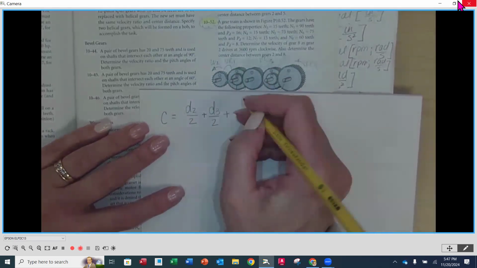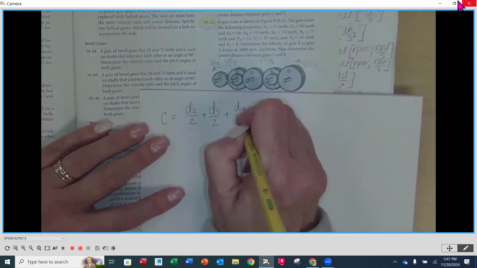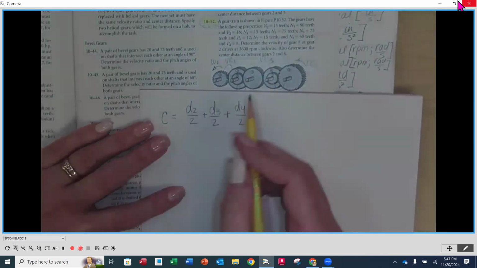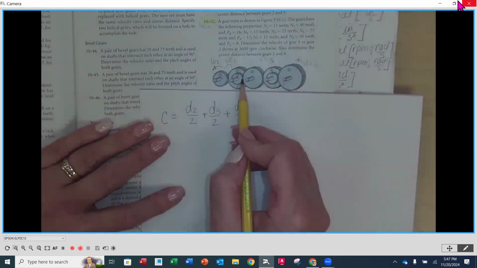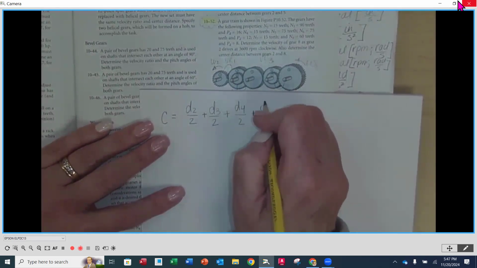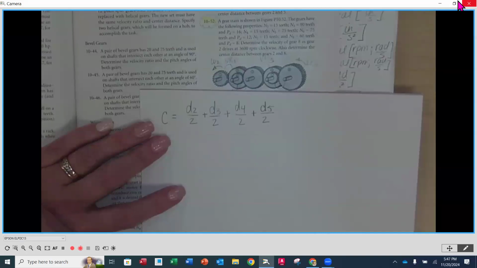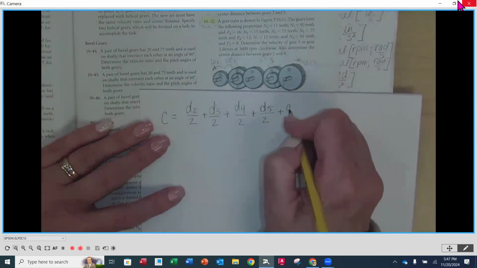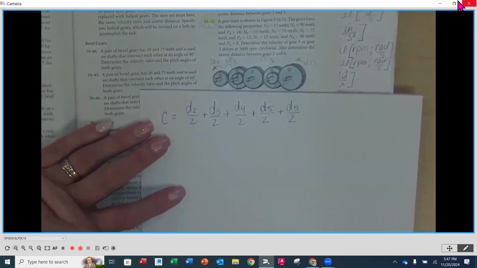So now it's going to be the radius of D4, so pitch diameter 4 divided by 2. Now to get from the point of engagement to the center of 5, it's going to be plus D5 divided by 2. That's the radius on one side. Then I've got to go to the other side of D5 and take the other radius.